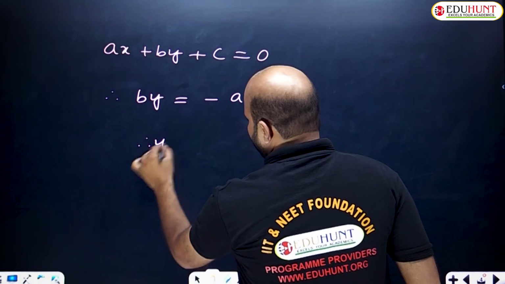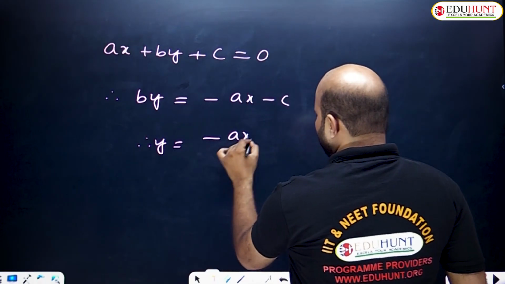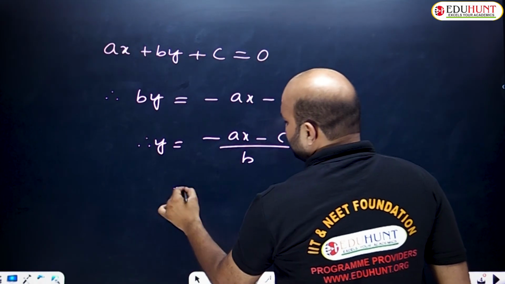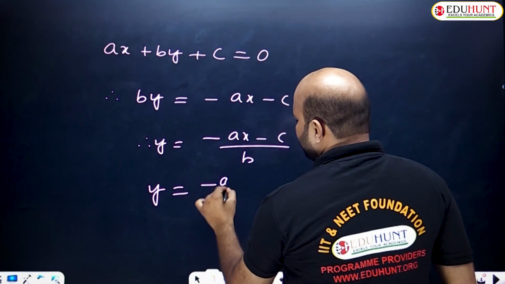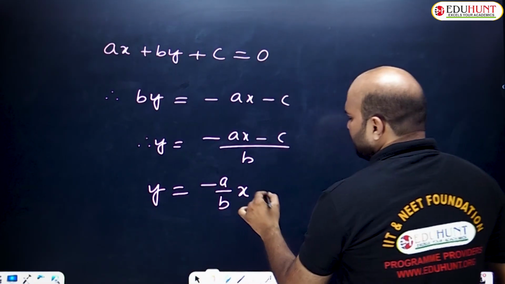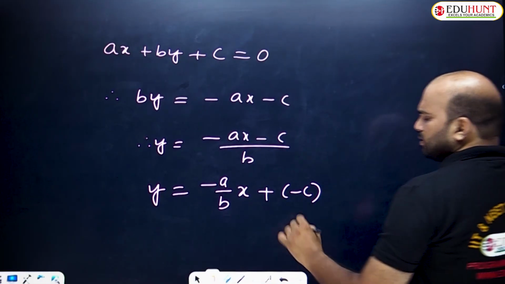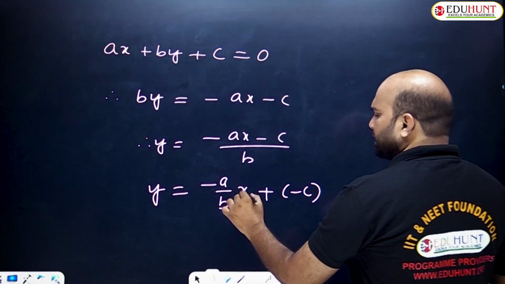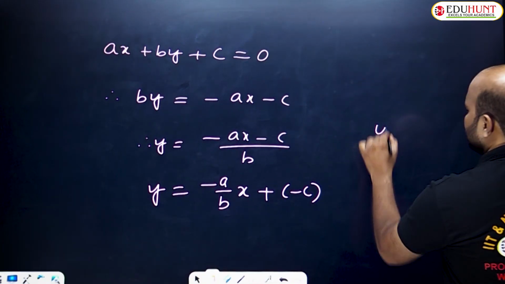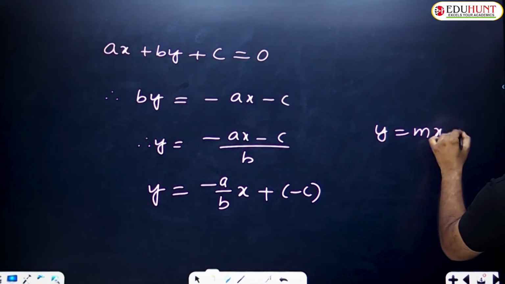Therefore y equals minus ax minus c by b, which can also be written as minus a by b into x plus minus c by b, where c is a constant. Comparing with the x coefficient, you can write y equals mx plus c.